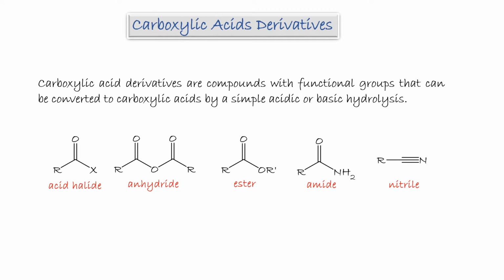What do you mean by carboxylic acid derivatives? They are compounds with functional groups that can be converted to carboxylic acids by simple acidic or basic hydrolysis, like acid halide, anhydride, ester, amide, and nitrile.